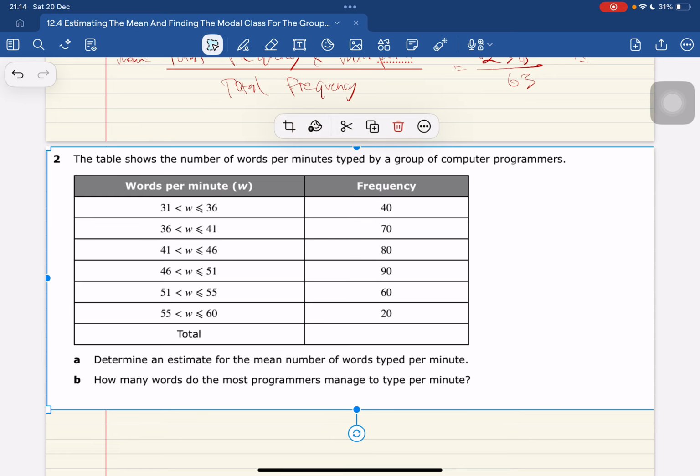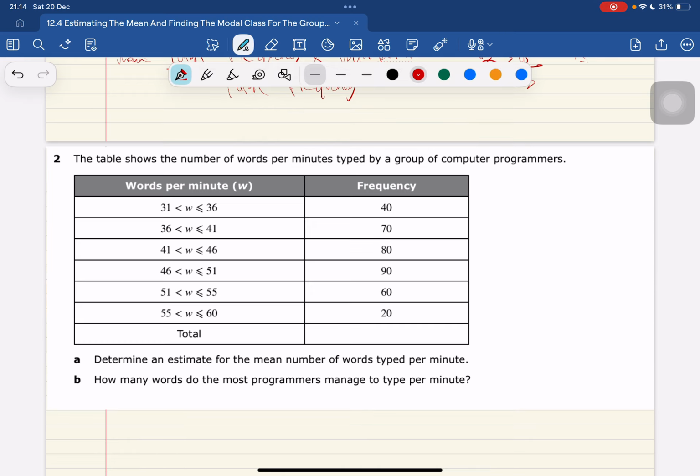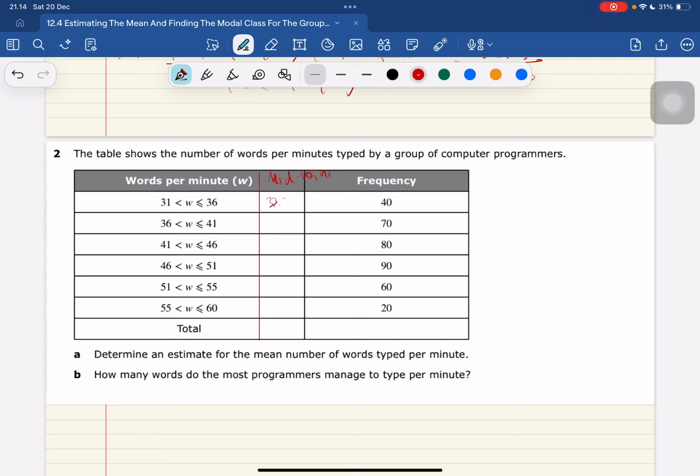The table shows the number, so we need to find the midpoint. Let me write the midpoint here. From 30 to 36, the midpoint is 33.5. 36 to 41, the midpoint is 38.5.